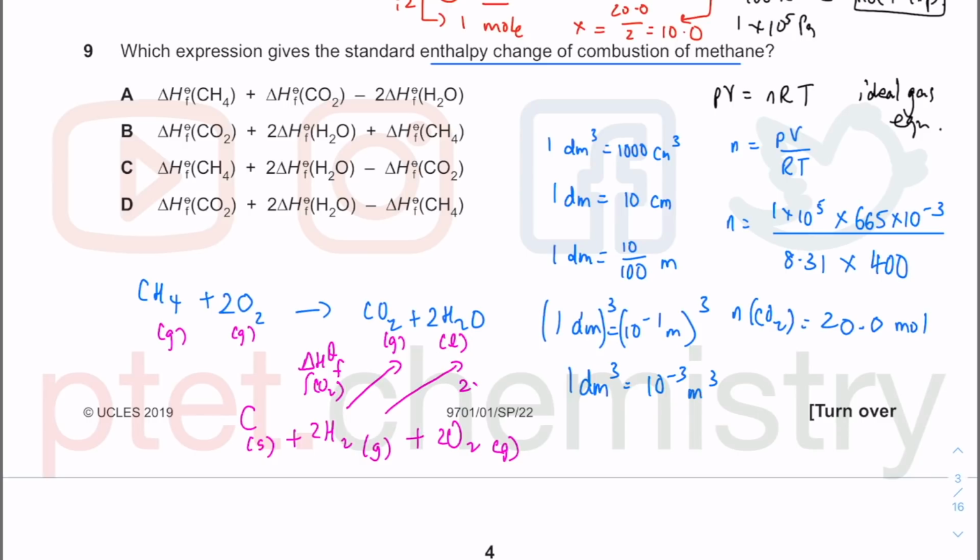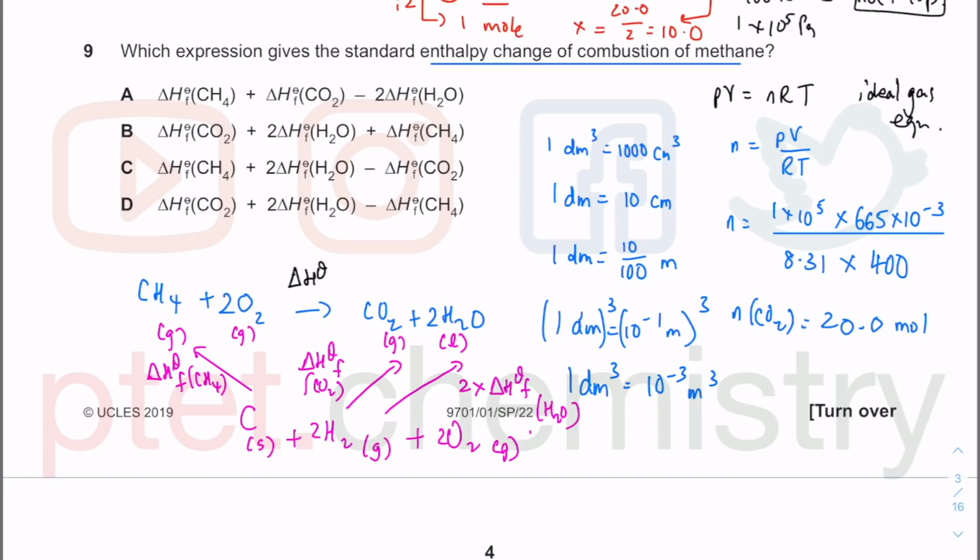This is 2 times the formation of H2O, because we are forming 2 mole of H2O from its elements there. And going upward here, this is the formation of CH4, and the formation of oxygen from its element is obviously 0, because the enthalpy change for the formation of an element from itself under standard conditions can't mean anything at all.